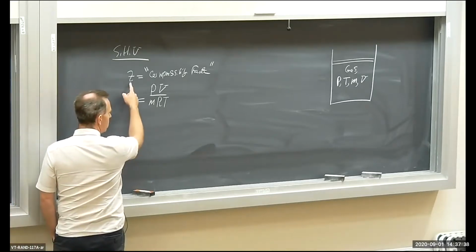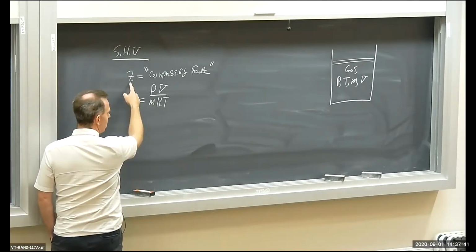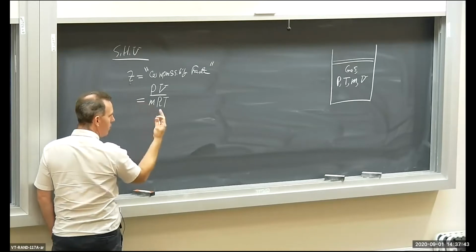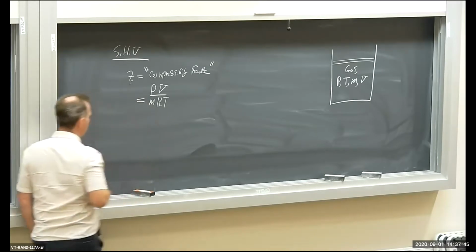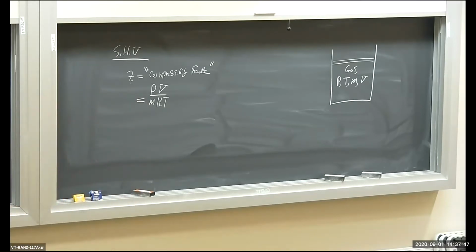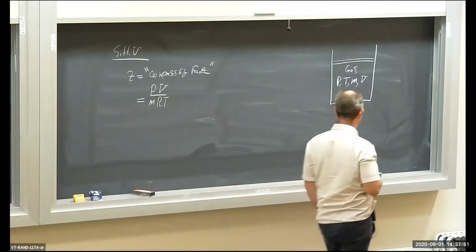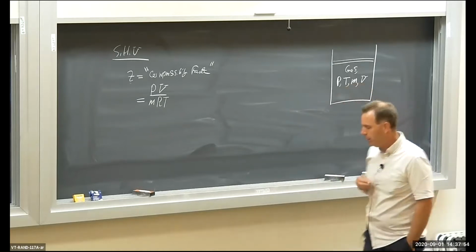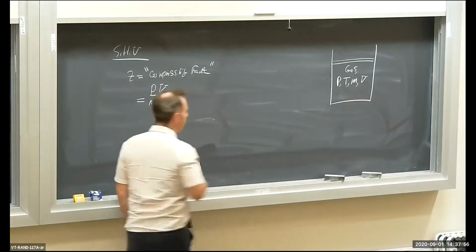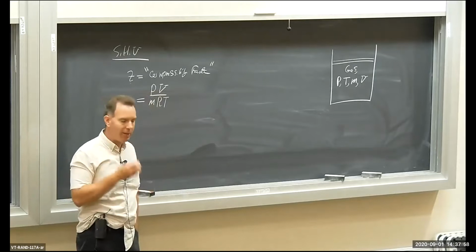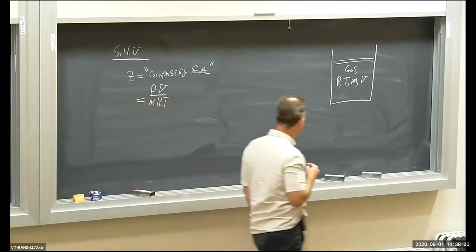Z is some quantity that's looked up using some kind of a table or a chart. And Z, the compressibility factor, is equal to pressure times volume divided by mass times the gas constant times temperature. Now, hopefully you've heard of the ideal gas law from physics. We're getting to that right here.